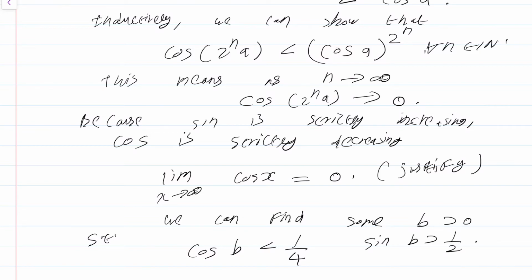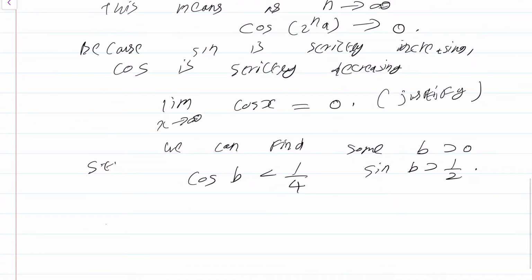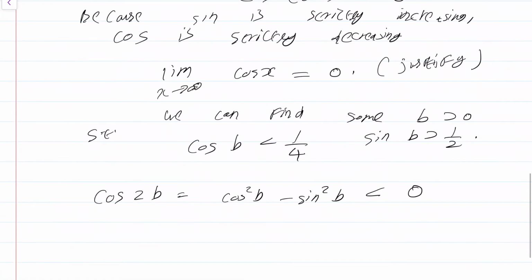Okay, how does this help us? Well, again you apply the identity. Cos 2b is cos squared b minus sin squared b. Okay, but cos squared b minus sin squared b, when you substitute 1 by 4 and 1 by 2, this will be less than 0. Okay, but cos x is strictly greater than 0 for all x. That's how we started.